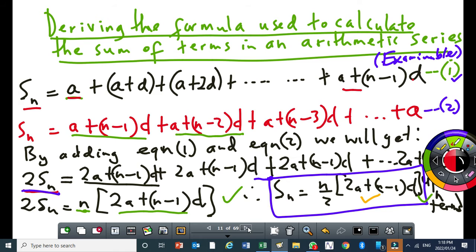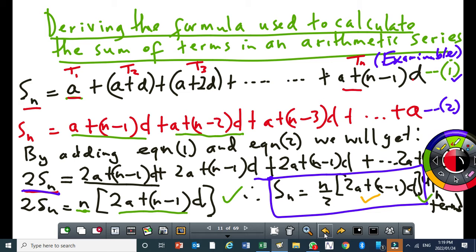So this is T1, that's T2, this is T3. Obviously, this is Tn minus 1, and this actually is the Tn value. So that's Tn, the last term.